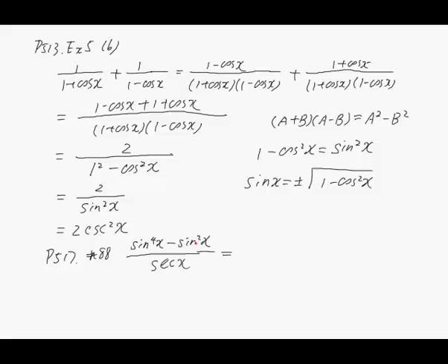When you first factor this numerator, factor out the sine square, these two terms have the common factor sine square x, right? Factor out this sine square x, and inside you have the sine square x minus 1, divided by secant x, and secant x is 1 over the cosine x.